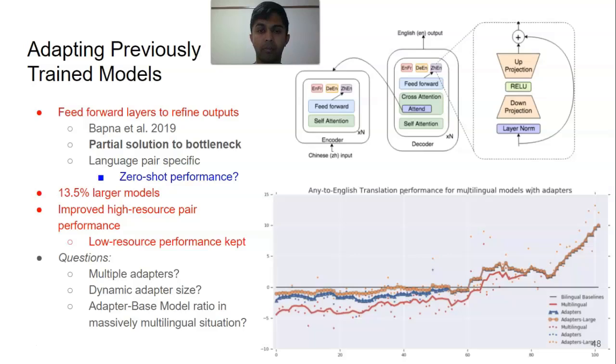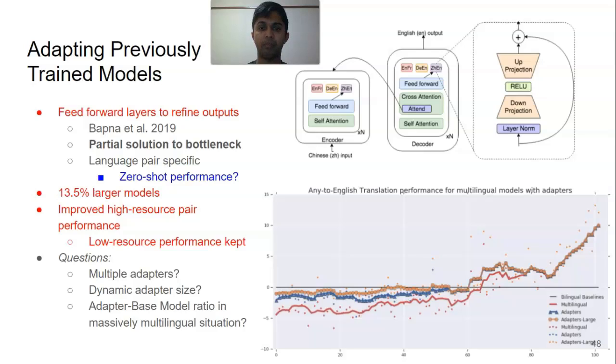Why is this important? Because in multilingual models, high resource translation quality usually tends to suffer. The plot on the bottom right shows how translation qualities are impacted by adapter layers. The red line shows that a multilingual model without any adapter layers has poor performance for high resource languages compared to bilingual baselines. But by using adapter layers, the translation quality for these high resource pairs is significantly closer to the bilingual baselines.